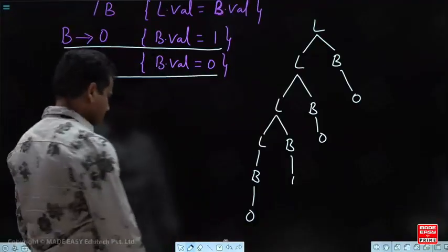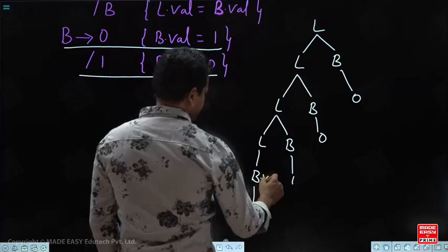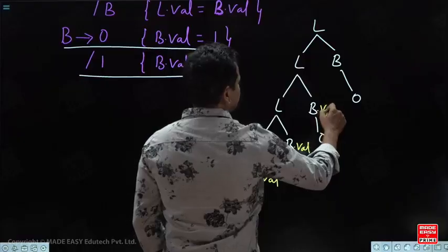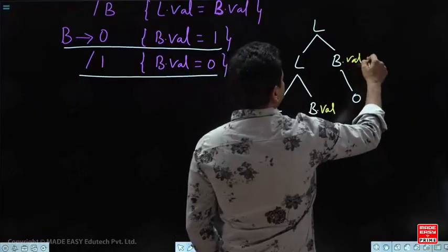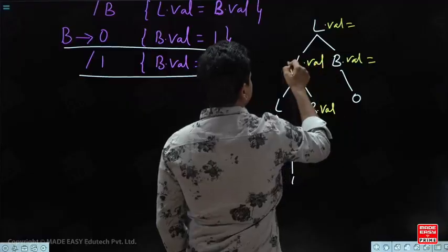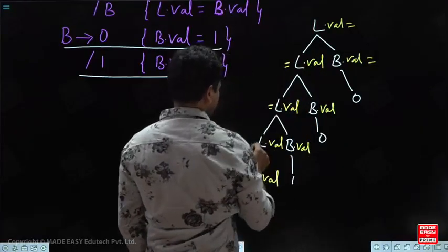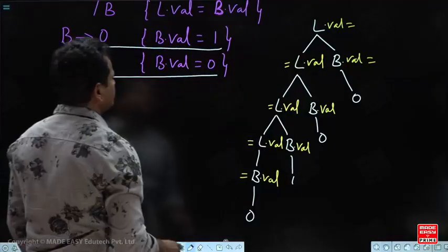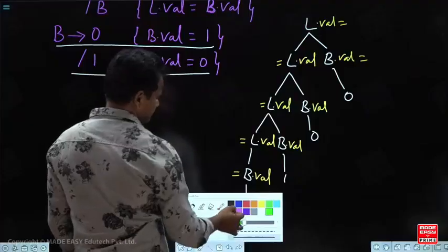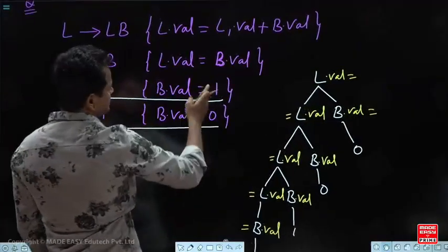Okay, now look at this. Here B dot value, B dot value, B dot value, B dot value, L dot value, L dot value, L dot value, L dot value. Okay. Now go for evaluating this one. So all these are at the rightmost end.